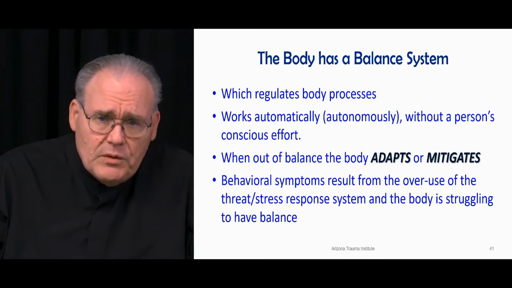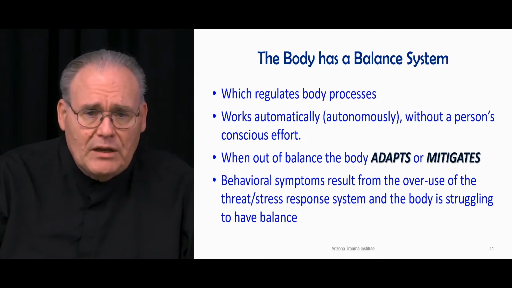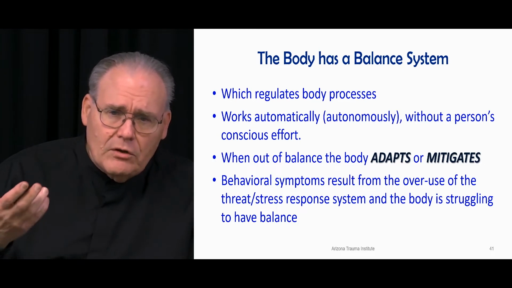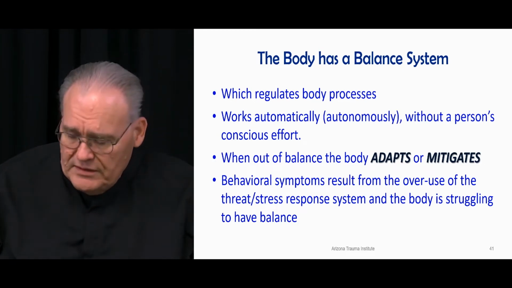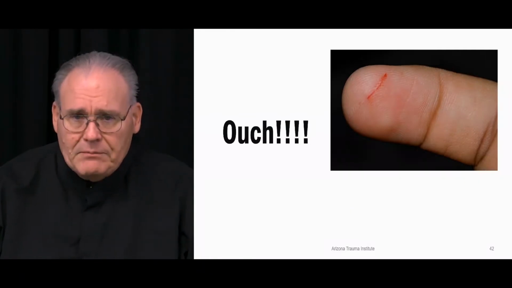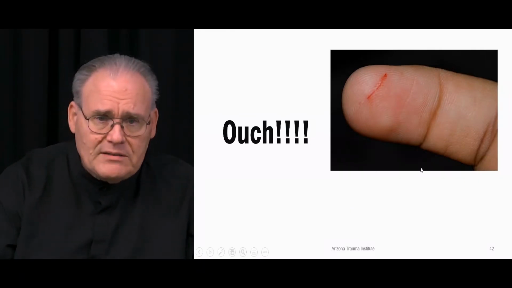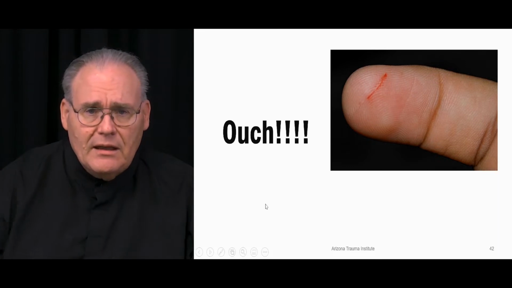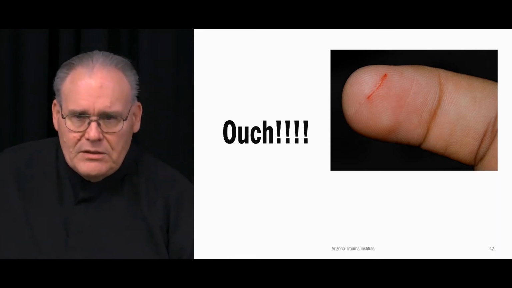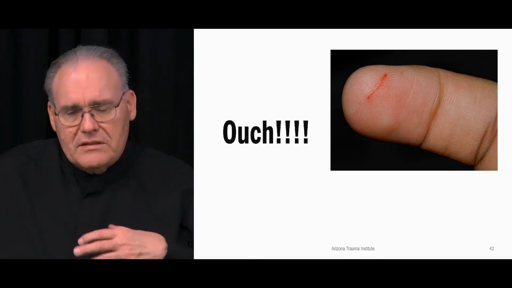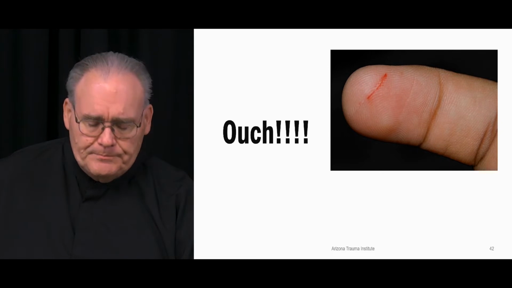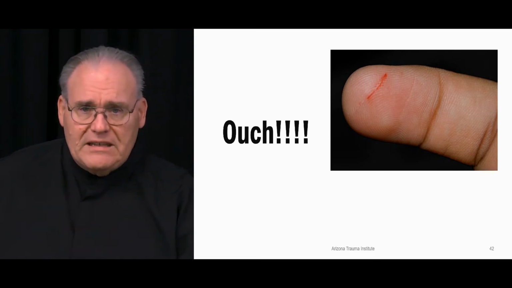So when the threat stress response system kicks the body into being out of balance, then you're going to get one or both of these kinds of responses. Let me go through adaptive processes. The adaptive processes are pretty much automatic, and a lot of them are organically built into us. On the simplest level, it's just what happens to the body when we experience a wound, a paper cut, for example.